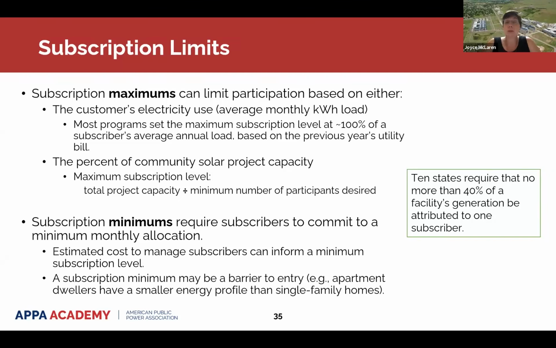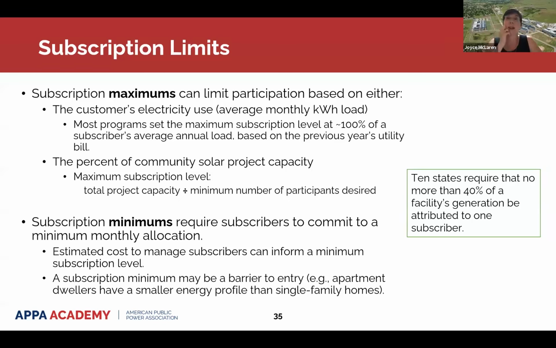And then there's the subscription minimum. This is really a lot about administrative costs to you, probably as the administrator of the program. You may want to say, well, we really can't administratively deal with somebody who only wants to subscribe to some very, very minimum amount of power.